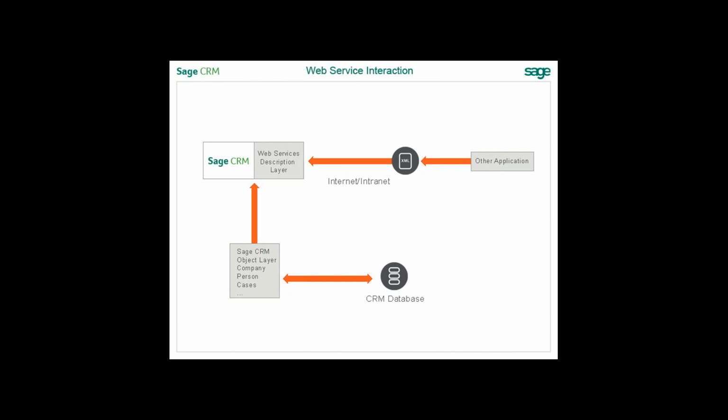So we'd see all of the different actions within the database, allowing us to get the results and turn that back into a set of XML, which is then passed back through the web services description layer to the external application making the initial request. So it's a web request, but in the form of a posted message, which results in remote action generating XML as the response, which is passed back into our application.